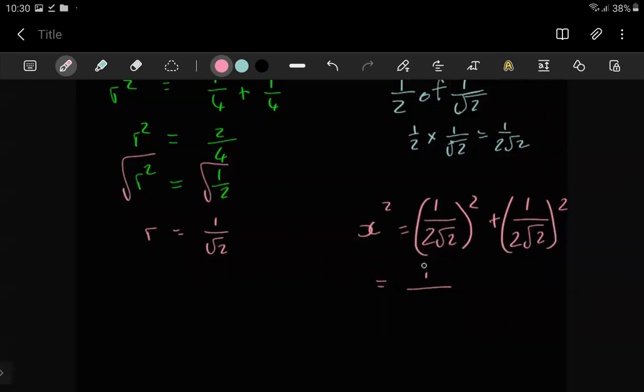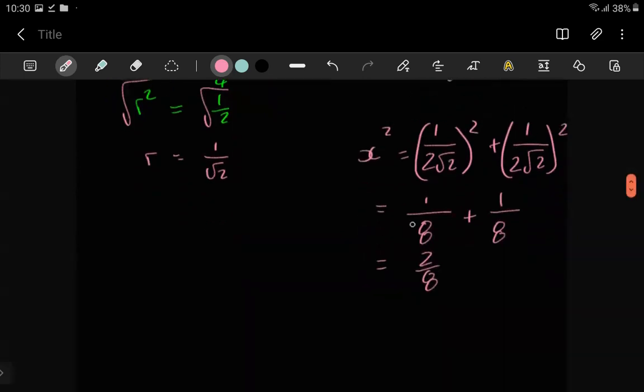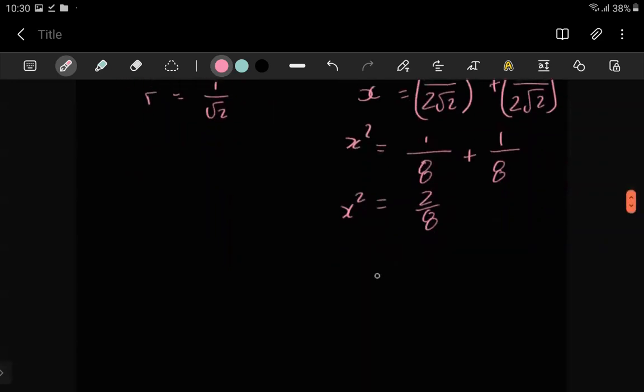We can just put it in the calculator. 2 square root of 2 squared is gonna give us 8, if I'm not mistaken. Yeah, 1/8. And this is 2 over 8, of which this is still just x squared. And then this is just gonna give us 1 over 4.